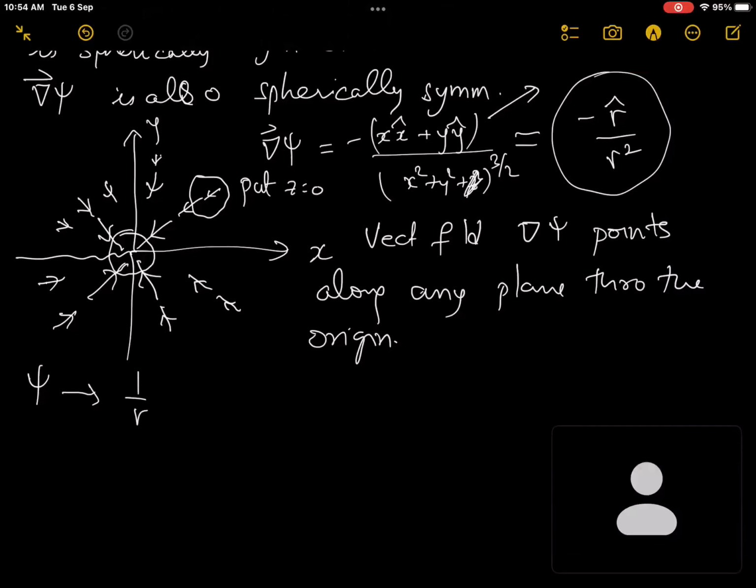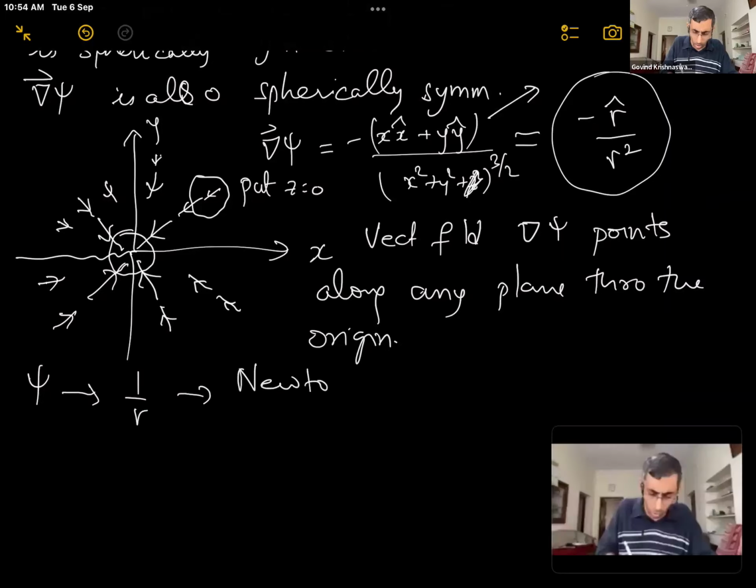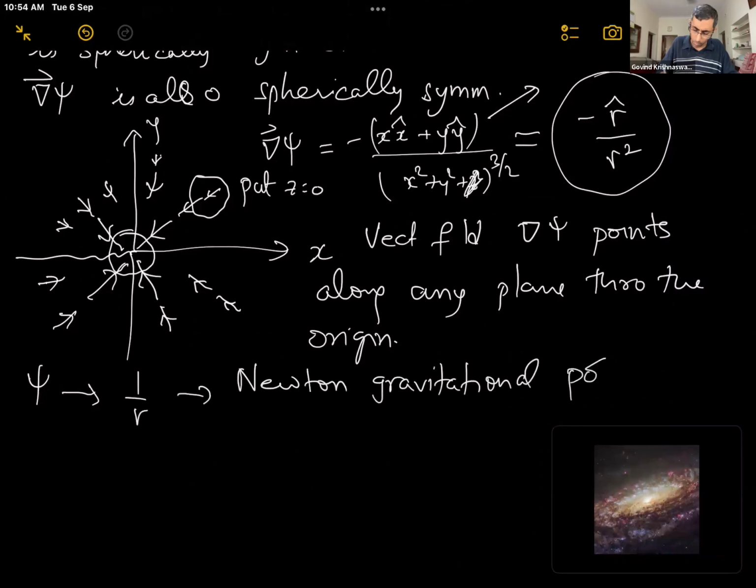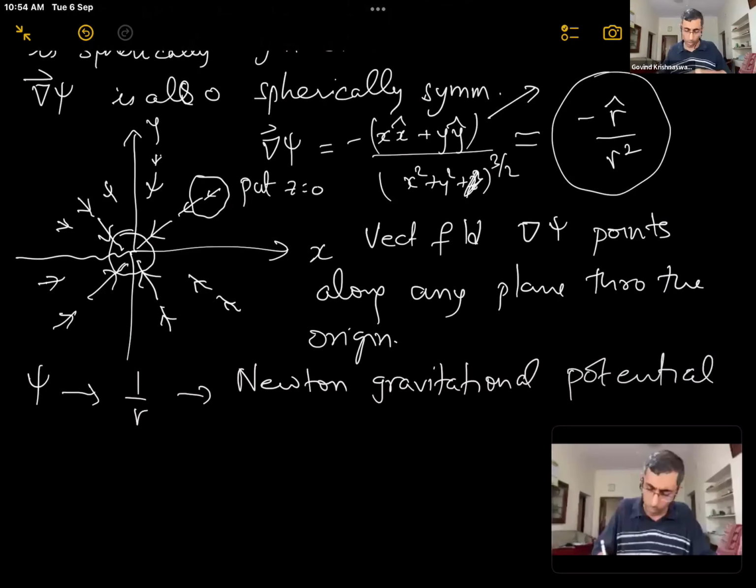When we compare it with electrostatics, it's the electric potential. So let's call this the Newtonian gravitational potential. Indeed, Kaustubh and others have said this is the Newtonian gravitational potential.